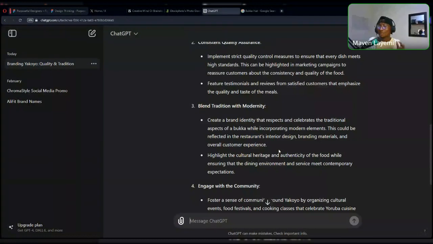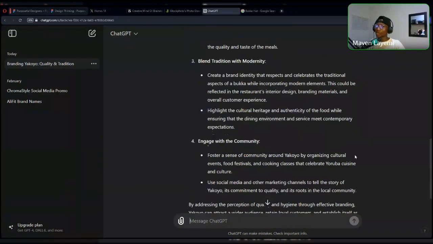Like they modernize it, but it is still in a traditional form, for you to know that okay, you are in a local place and also a modernized place, something like that.